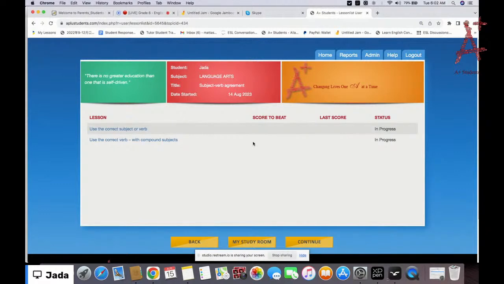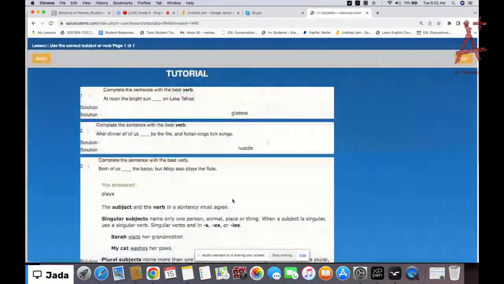We have 2 lessons on subject verb agreement, and we will try to complete both of them together. The first lesson is use the correct subject or verb.